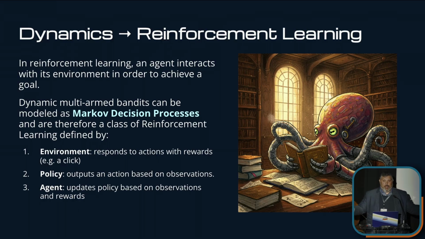You need somewhere where your software application is running. So you saw with Netflix, the Netflix dashboard, that's the environment. You need a policy, right? You need to output actions based on observations. So that's what thumbnails am I displaying for these images. And then you need an agent. You need something in the back end that's looking at the outcomes and it's updating those policies based on the observations and the rewards.